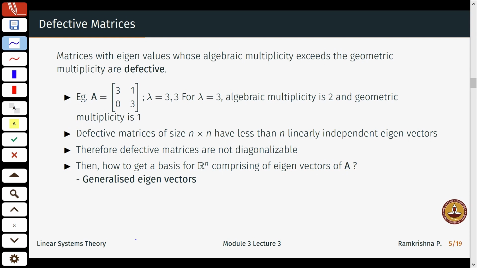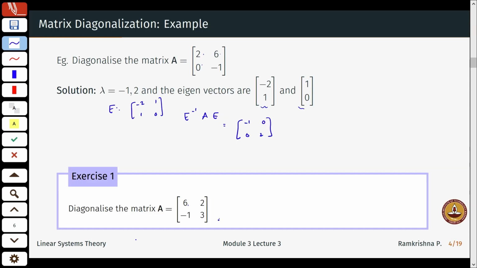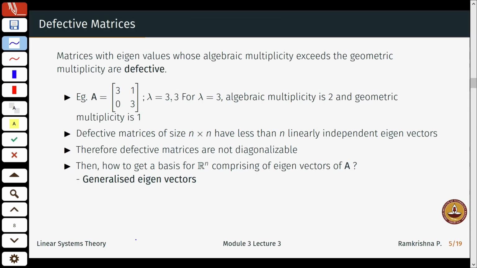So, what it means mathematically is that if I have matrices with eigenvalues whose algebraic multiplicity exceeds the geometric multiplicity, then they are defective. A trivial example, just to say, if I take the 3 cross 3 identity matrix: 1 0 0, 0 1 0, 0 0 1.